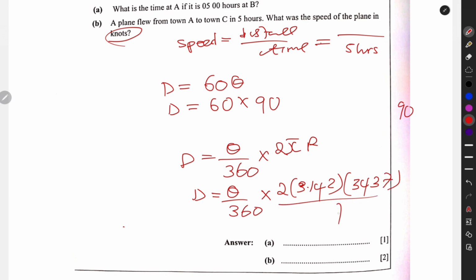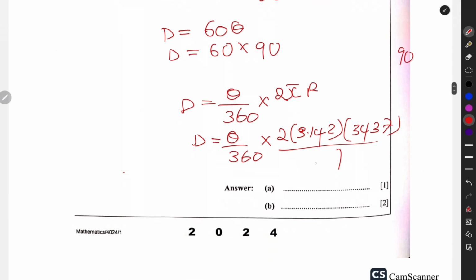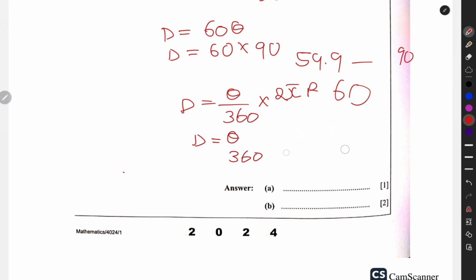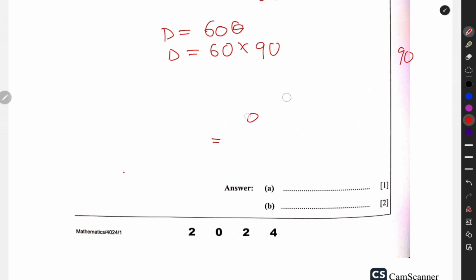If you multiply these, whatever is at the top there, then you divide by 360, it should give you 59.9 something, which we round off to 60, and of course multiply by theta. So that is where that is coming from. So now let us see if this one will work. So 60 multiplied by 90.